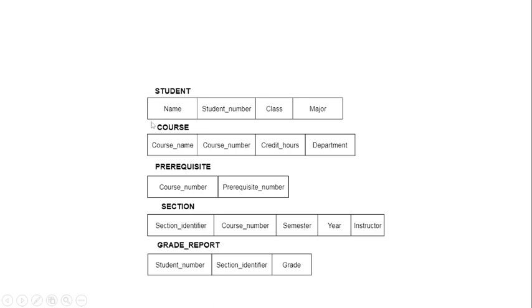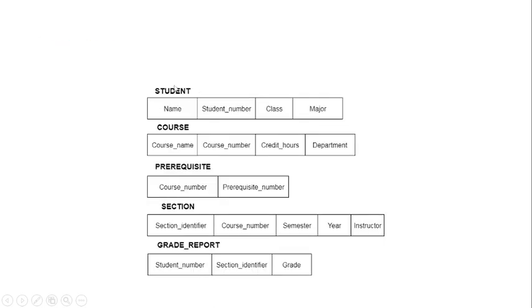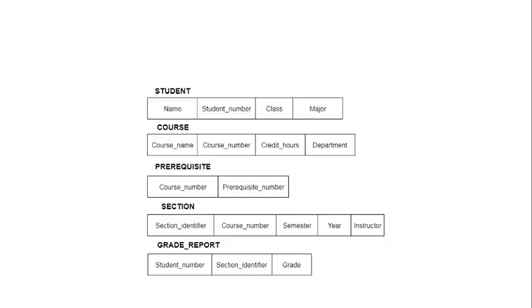So if we store only two rows into the database at a particular moment, then that is the instance. At that moment, the student table has only two rows. And if we added three more students, then at that particular moment the instance has a total of five rows, means a total of five students.